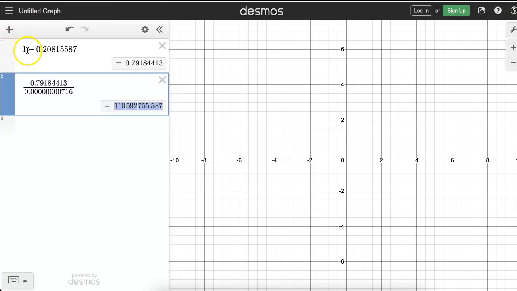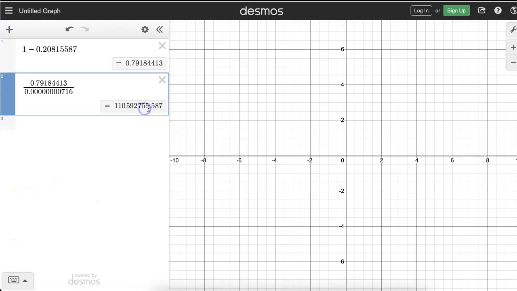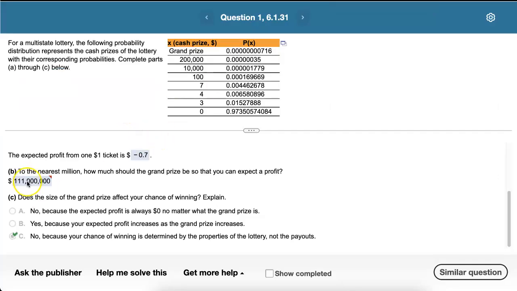Remember, we have to pay $1 to play. That's why, again, I was subtracting my probabilities up here from 1. And I want what's remaining to account for that difference. I think in my math lab, it does ask us to round to the nearest million. Be careful about that. So I just have to count off here to the nearest million. That means I'm rounding to that digit right there. The 5 rounds that up. So that's 111 million.